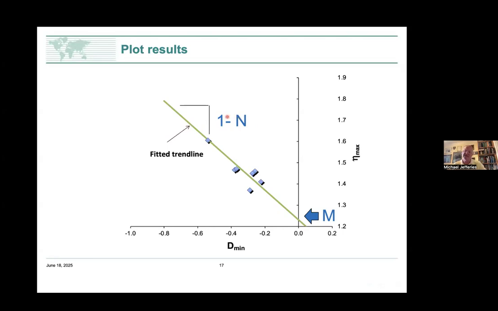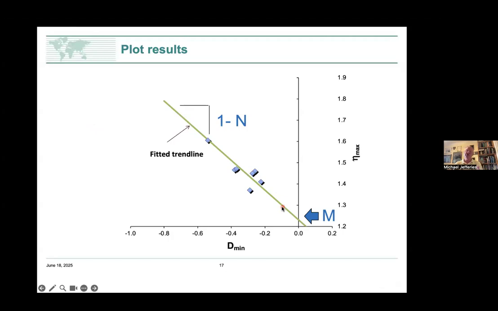So 1 minus n is the proportion in shear, which is why the slope has a value of 1 minus n. And you can see here, there's a certain level of judgment. You can twist that green line a bit, depending where your eye is. Okay, we'll come to that in a moment, at how we check what we picked as reasonable. But that is not unusual data.